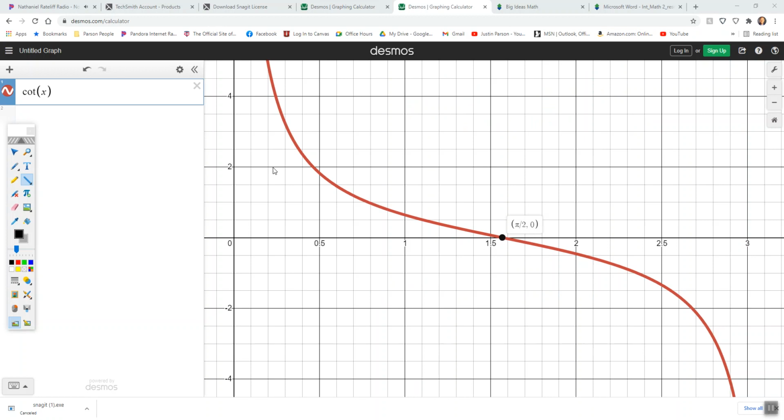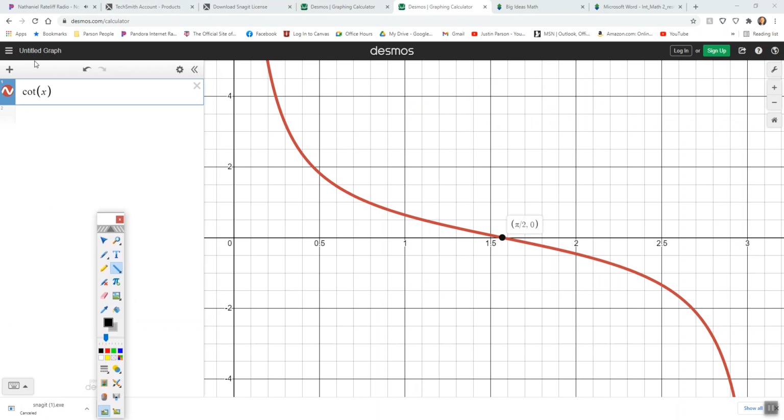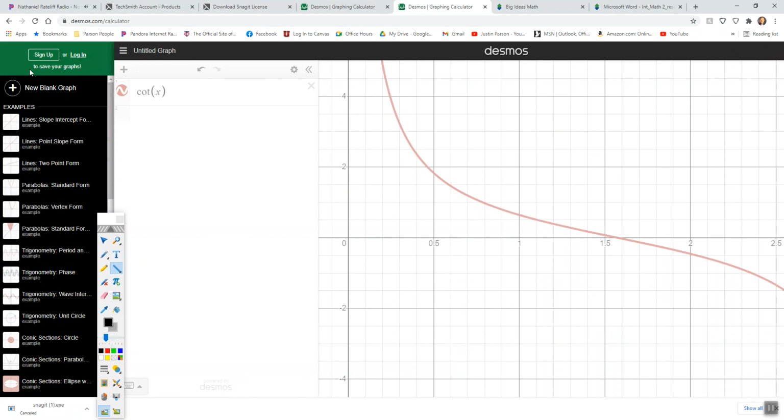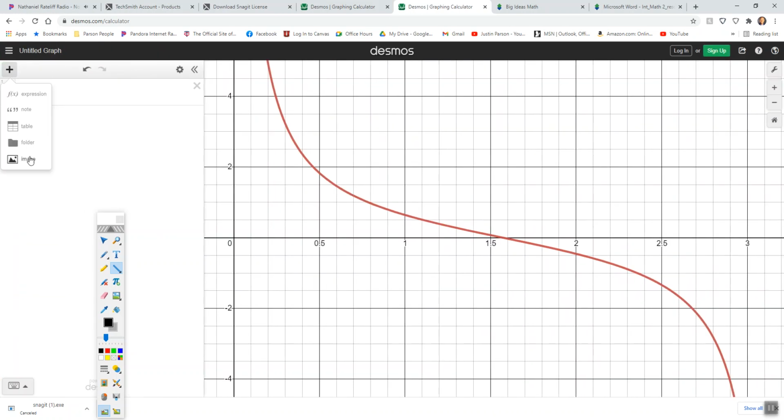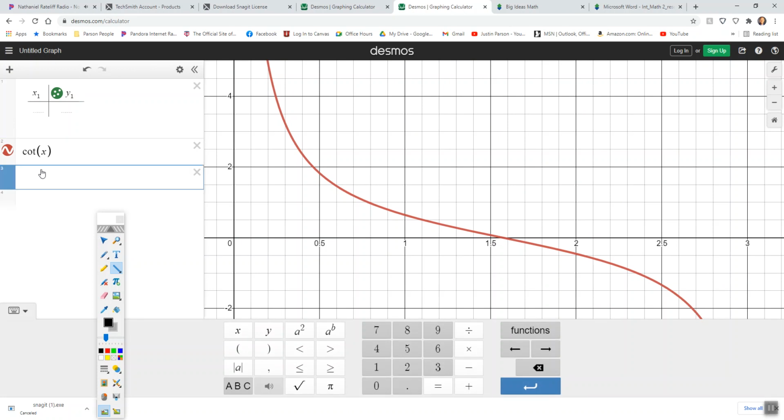Okay, here we go. Kids, help me out. What were the new points we came up with then for this? 0, undefined. Okay, so 0, undefined. So I'm going to put in an x equals 0 here. That's going to be one of our new asymptotes there. Okay. What was next? Pi over 16, 1. Pi over 16.